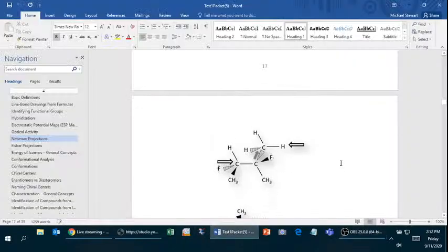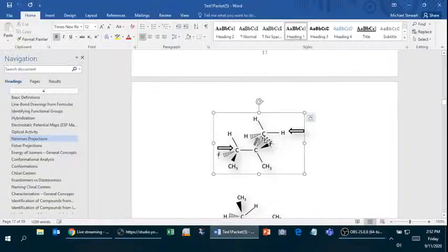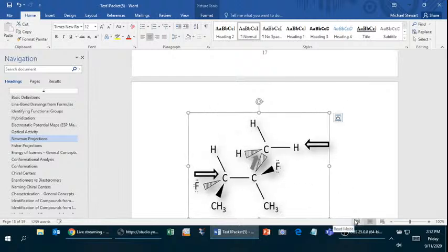It's a nice challenge problem for students. So I'm guessing the reference here is to this top problem, where you're looking across a bond that is not a solid line. And it wants to know whether this carbon and this hydrogen are gauche, anti, or eclipsed. So if you give me just a minute, I'll draw it up on the board.